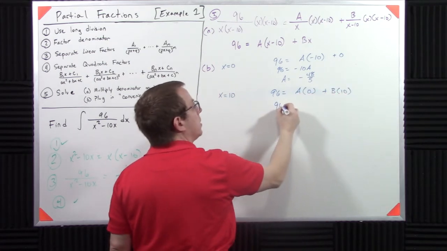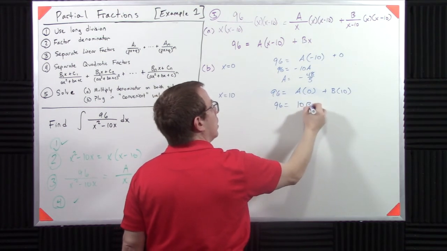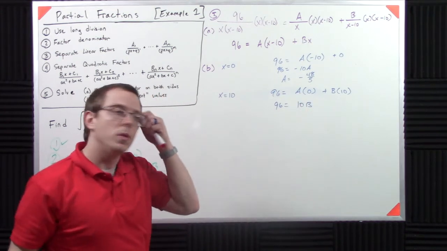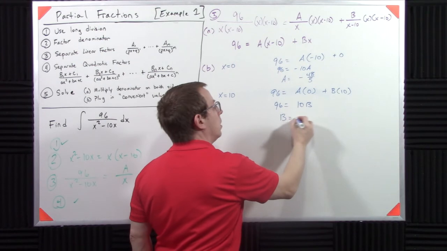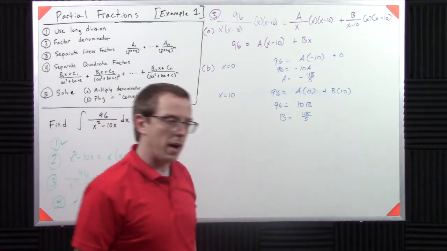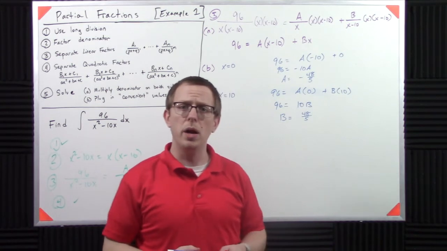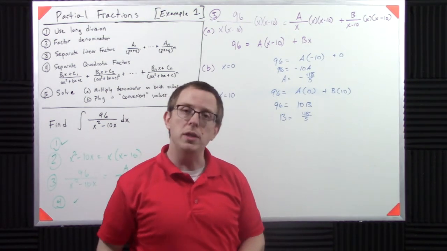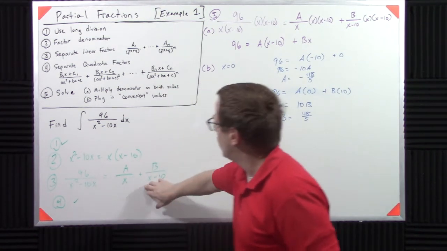So now I have 96 equals 10B. So B is positive 48 over 5. Simple enough, right?